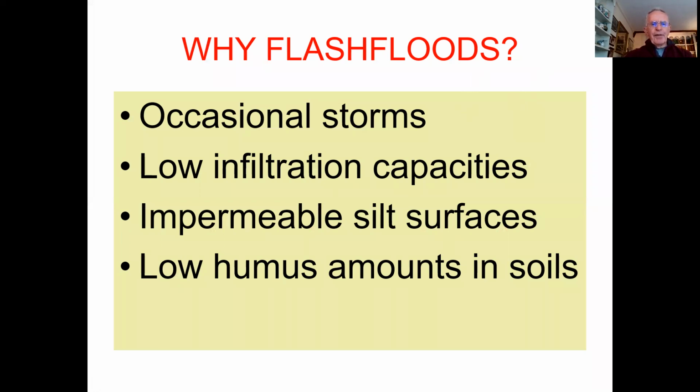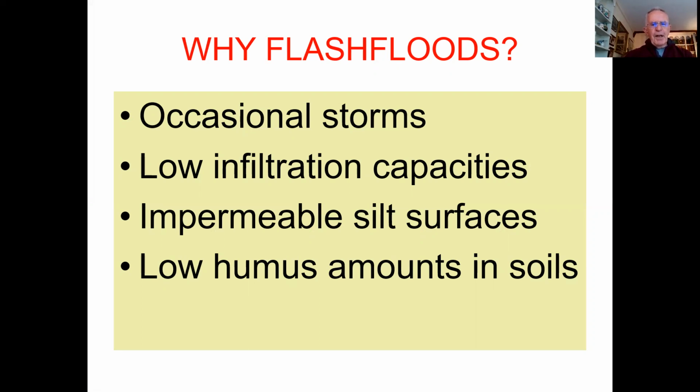And low infiltration capacities exist in deserts because the surface materials, the soils, have very little humus in them, and they're relatively impermeable, so that when rain falls on them, you get runoff occurring.